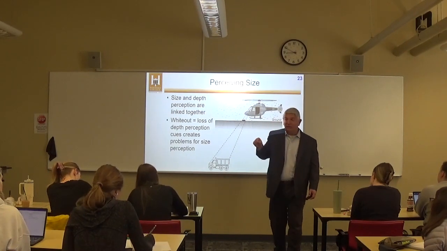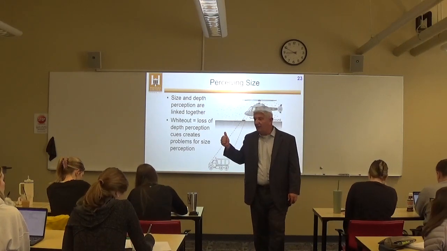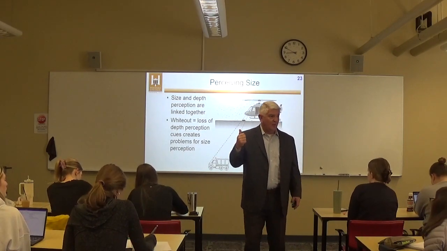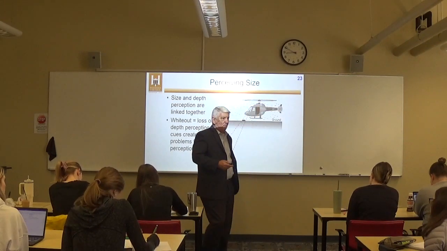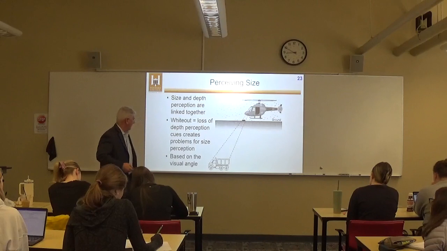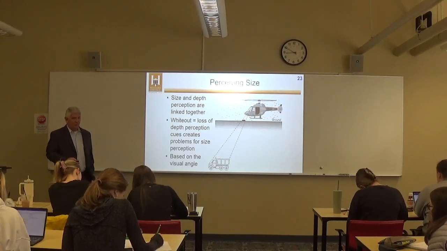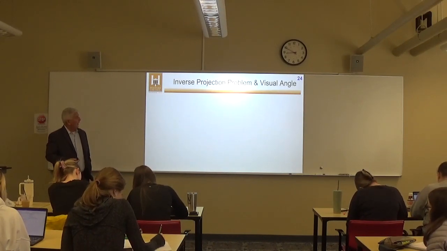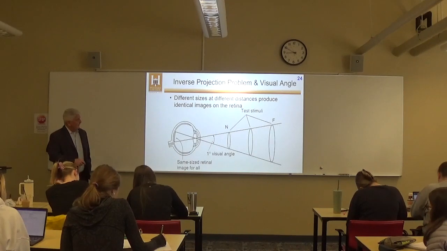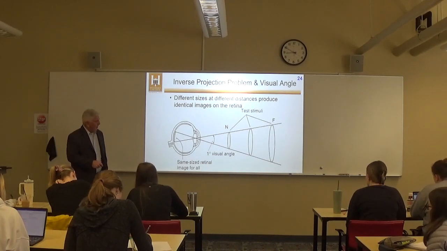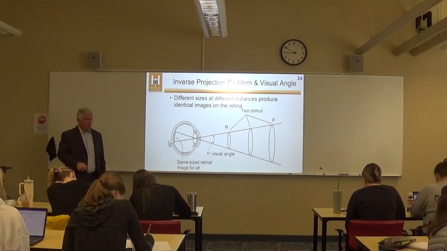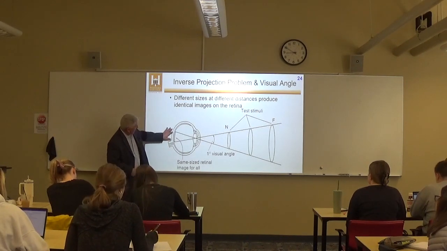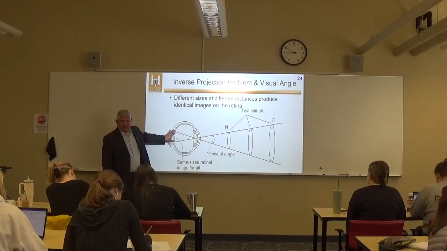We need other cues, we need other clues in order to accurately know their depth and size, in order to know how far away they are. All of this is based on visual angle. All right. So again, this is the inverse projection problem. All of these ovals getting bigger and getting further away are in the same visual angle and create exactly the same image on the retina.